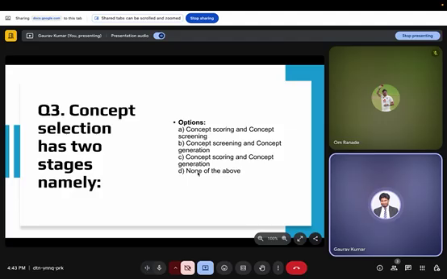In week 12, this systematic progression embodies the principle of progressive convergence, a gradual narrowing of choice through structured evaluation. Concept screening and scoring thus function as complementary mechanisms, ensuring that creativity is filtered through the lens of practicality and performance.